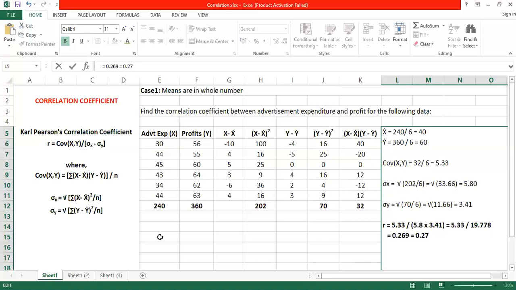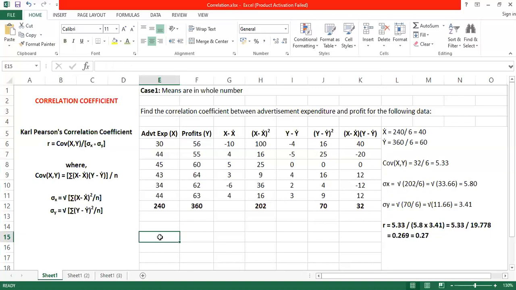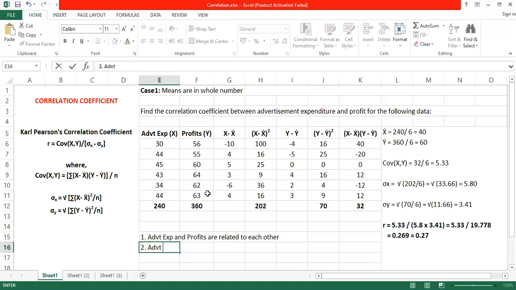Fine. So I'll write all the three comments here. First is advertisement expenditure and profits are related to each other. Secondly, advertisement expenditure and profits are positively related.